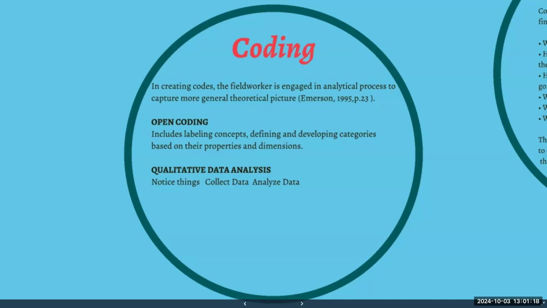Qualitative analysis is an iterative process that involves noticing things, collecting data, and analyzing it to uncover deeper meanings. Coding is an essential part that helps the researcher understand these things and break down large data into smaller pieces so that you actually have a conclusive finding.